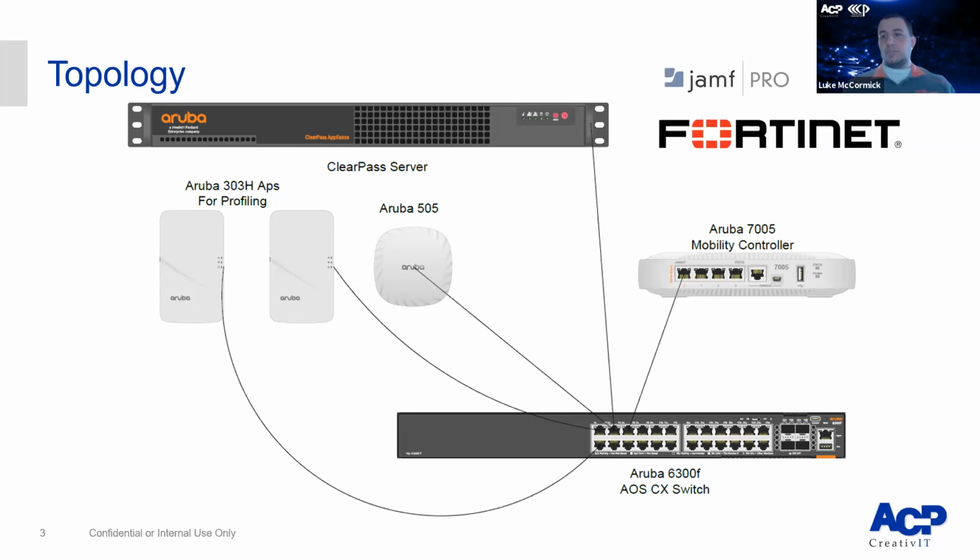Those 303 hospitality APs are mostly there to show you profiling, and we'll get into what that is here shortly. I've got an Aruba 505 actually going to be providing the client access wireless that you'll see in the demos, and then an Aruba 6300F switch, which we're not going to see a whole lot of, but you will see some, and then the wireless controller off to the side.